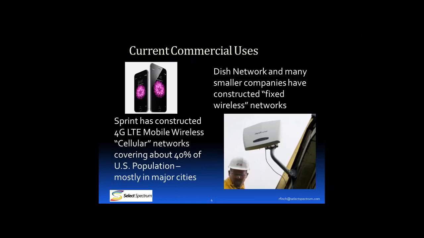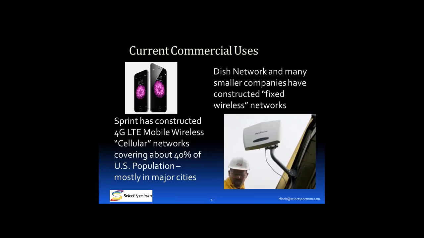The current commercial uses are really two. Essentially, Sprint has built a 4G mobile wireless network. 4G LTE is the current technology. They're just in the process of shutting down their WiMAX network and transitioning 100% to LTE. This is the international standard for wireless networks today. So far, Sprint has announced construction of an LTE network on this frequency, covering about 40% of the population.